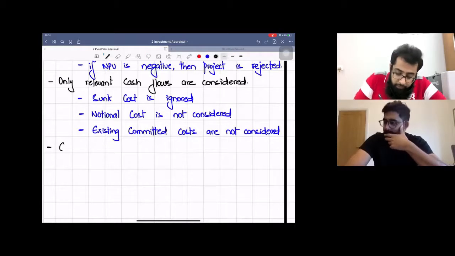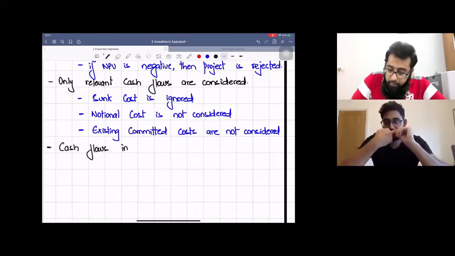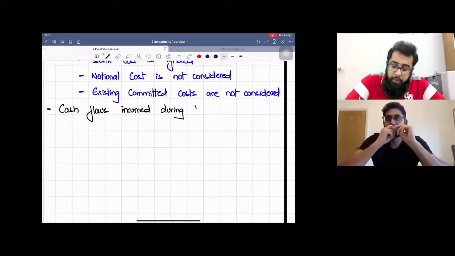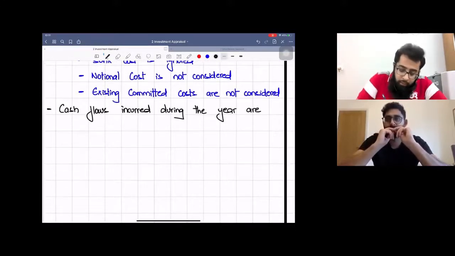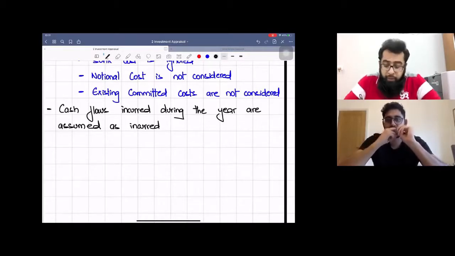Cash flows incurred during the year are assumed as incurred at end of year, because the discount factors we have are of end of year.